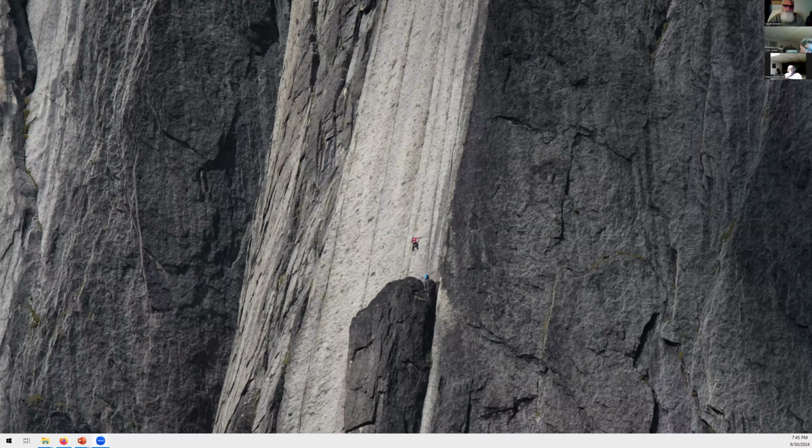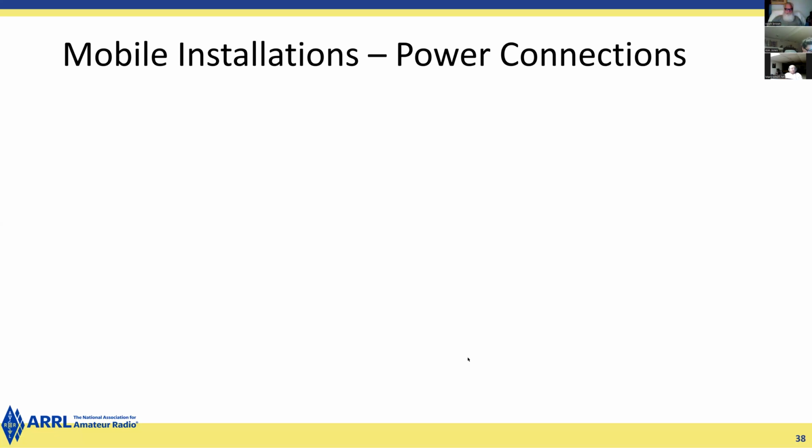Now we see the climbers on a rock face. Bear with me, and I'm going to start the slideshow again. With any luck, you should be seeing the slide again.